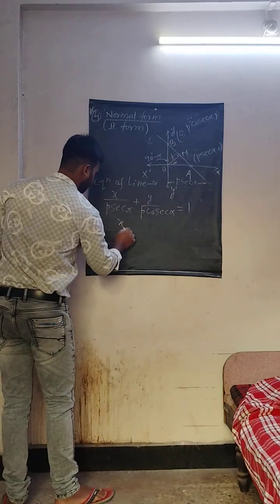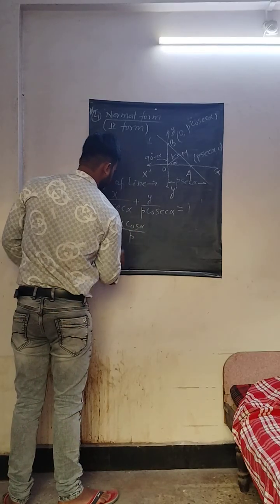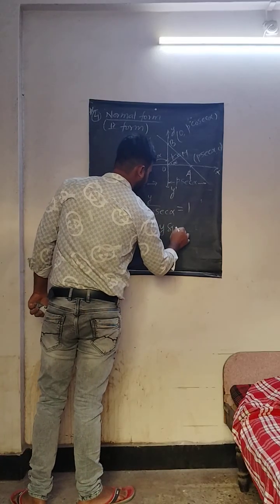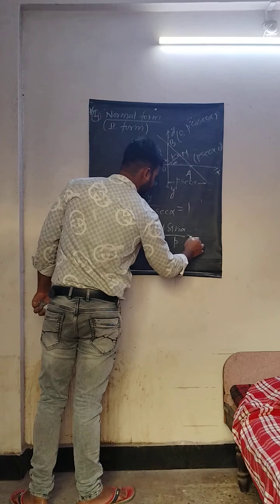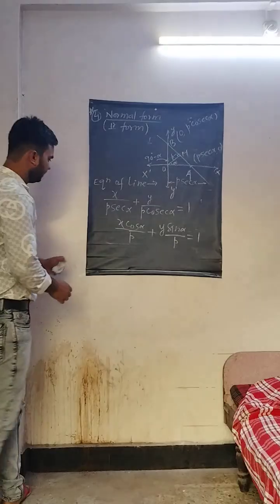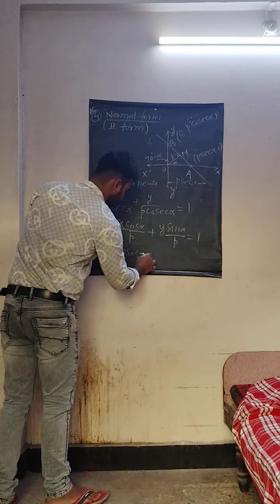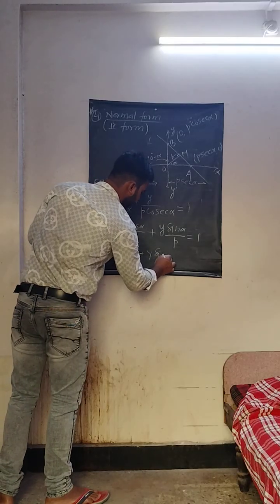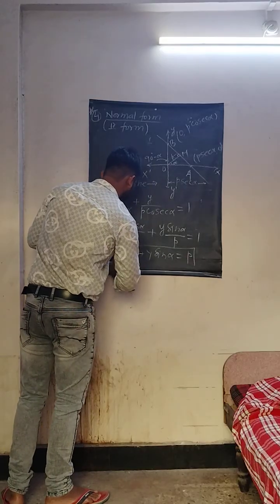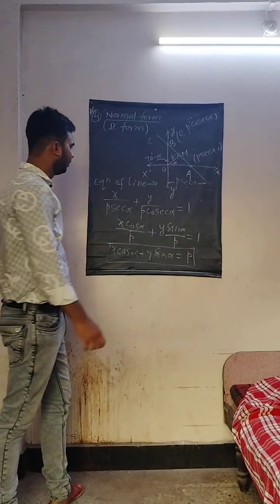Here x by P sec alpha means x cos alpha by P, plus y sin alpha by P is equal to 1. Similarly, I can write x cos alpha plus y sin alpha is equal to P. This is the equation of straight line in normal or perpendicular form.